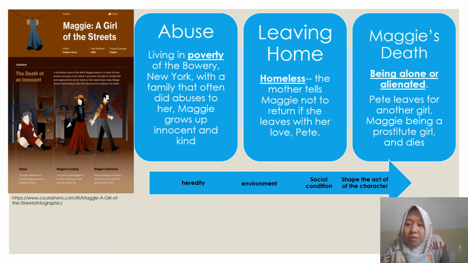And then she becomes a prostitute. And then in the end of the story, Maggie died. Dan kemudian Maggie meninggal. Nah, ini masih belum jelas apakah meninggalnya itu karena dia commit suicide ataukah dibunuh. This is a tragic ending of Maggie, who lived in poverty, and the environment and social conditions shaped her to be a prostitute.